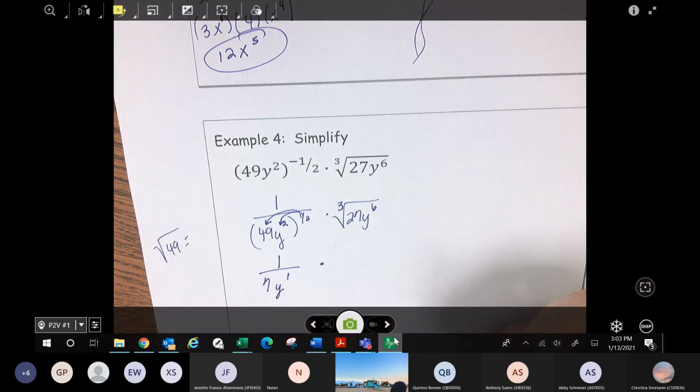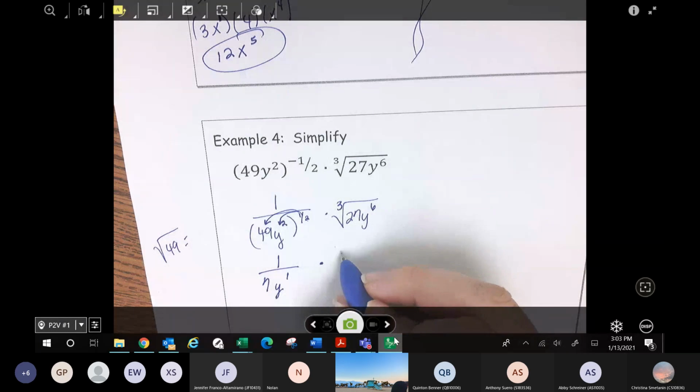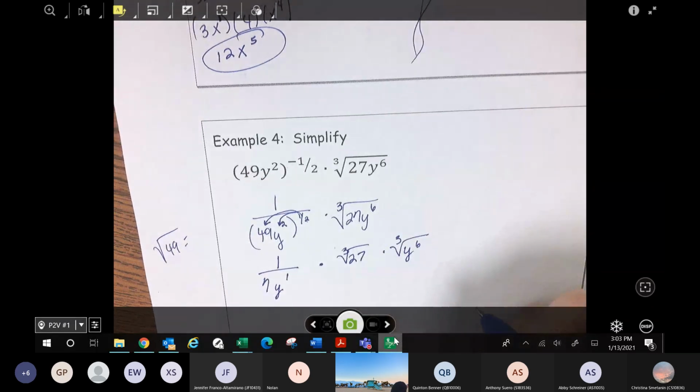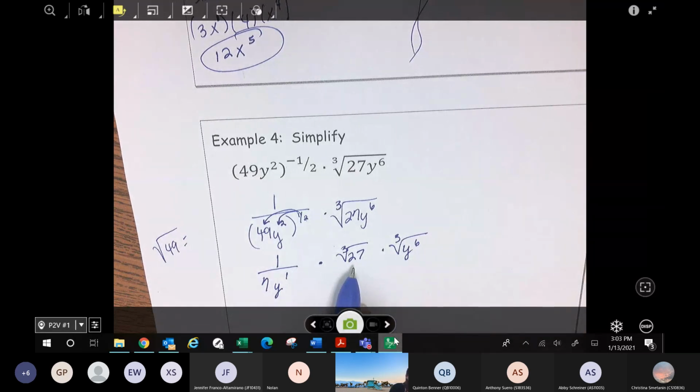All right, and the next part, I'm going to break this up as the cubed root of 27 times the cubed root of y to the 6th power. Because you know the cubed root of 27 is what?